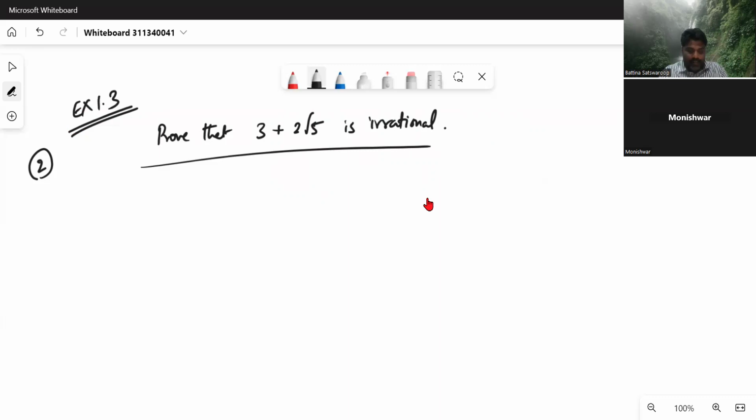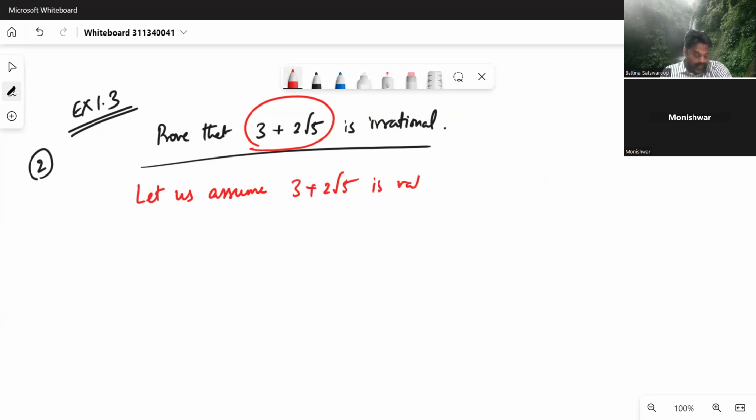You have to prove that 3 plus 2 root 5 is irrational. You are adding a rational value to an irrational value and you have to show that it is an irrational value. So I will start with the method of contradiction and assume 3 plus 2 root 5 is rational.